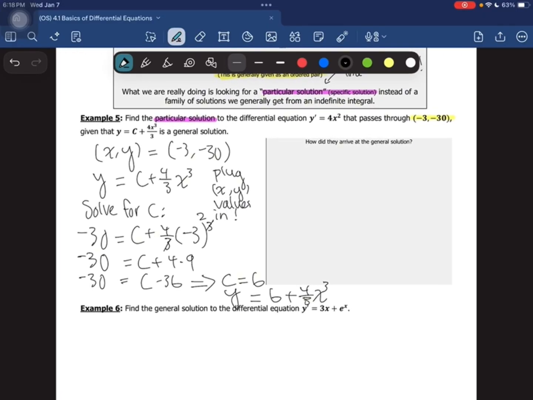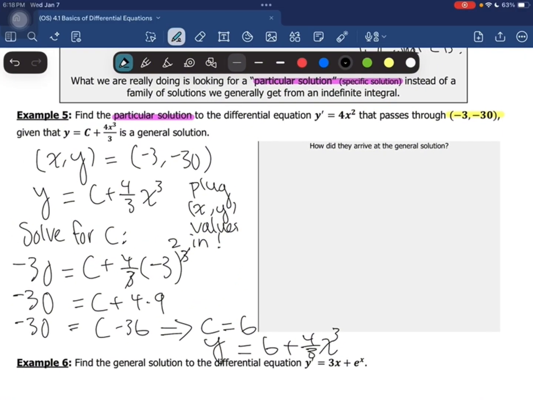How did they arrive at the general solution? This is where we have to go backwards, because we have our y prime equals 4x squared, or you can write this alternatively as dy over dx equals 4x squared. Now, what we can do is group the dx's together and the dy's together.